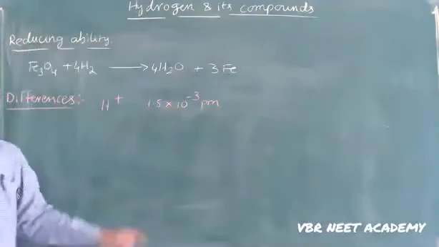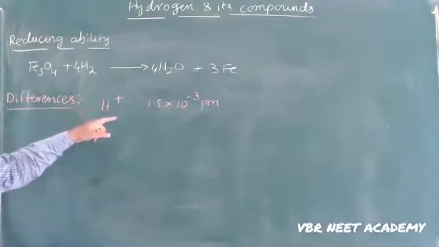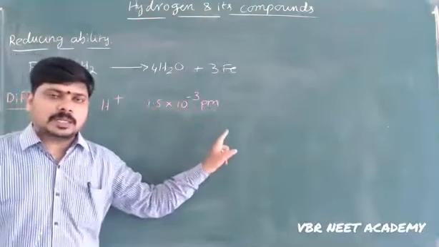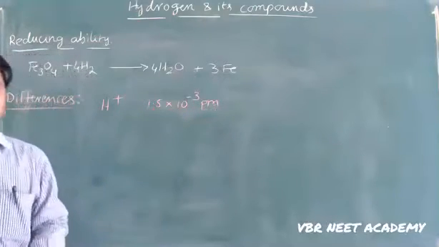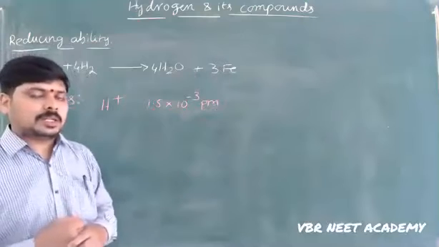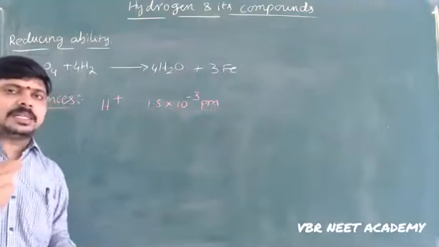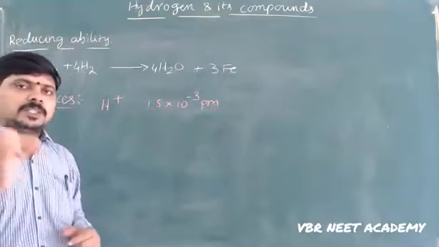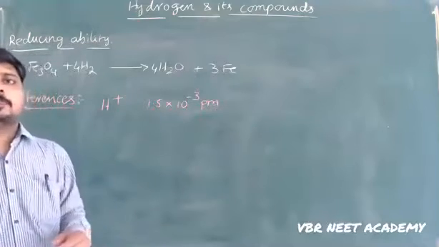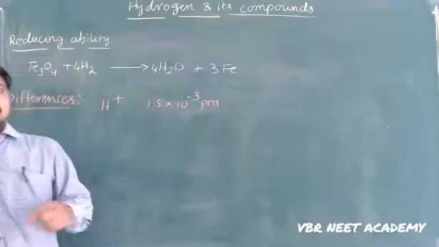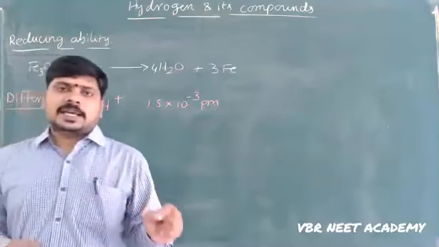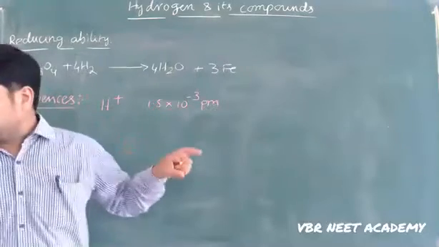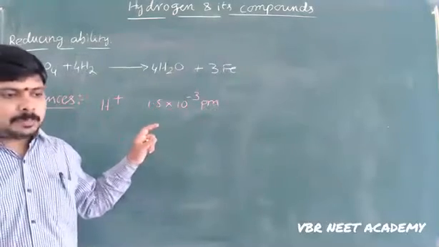The size of the H plus ion is 1.5 into 10 power minus 3 picometer, which is not at all possible to exist. Why? Because the normal least atomic size and least ionic size we have is 50 picometer to 200 picometer.